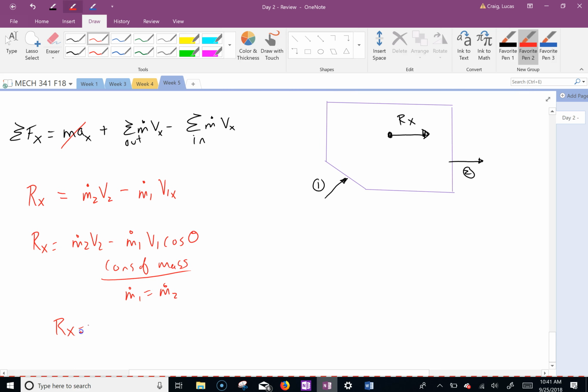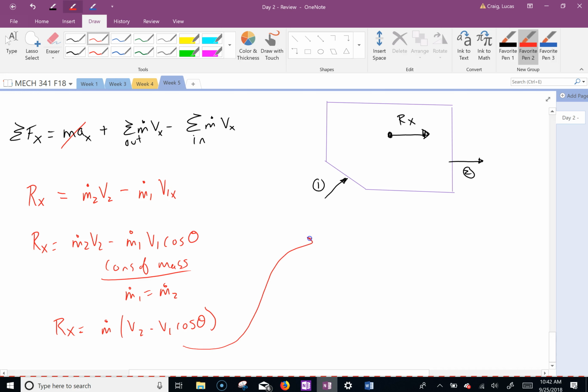So Rx equals m dot times V2 minus V1 cosine theta. So far, make sense? All right.